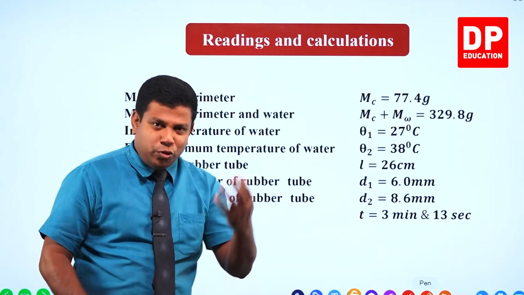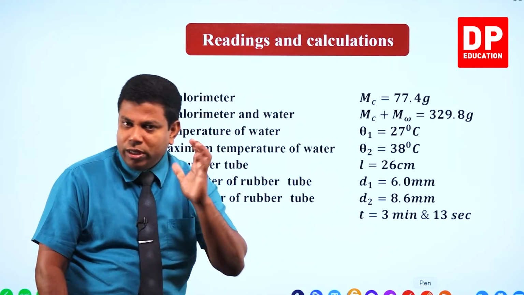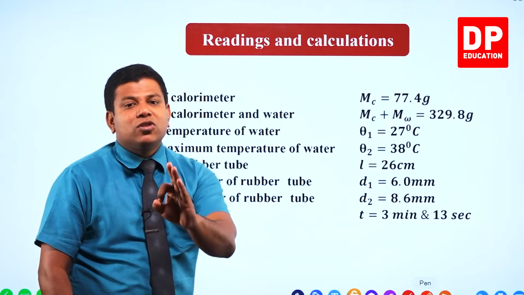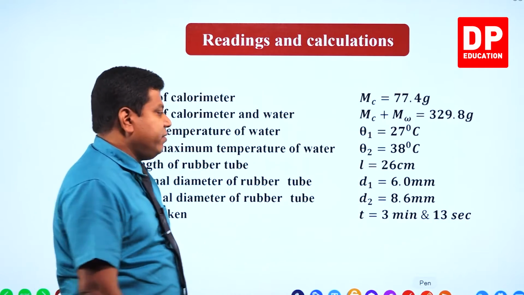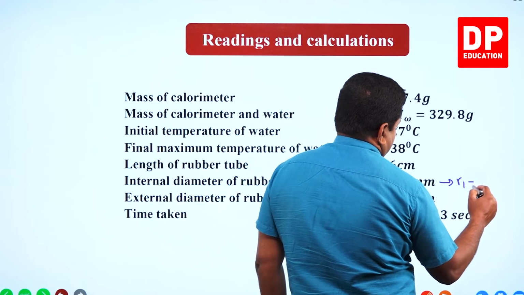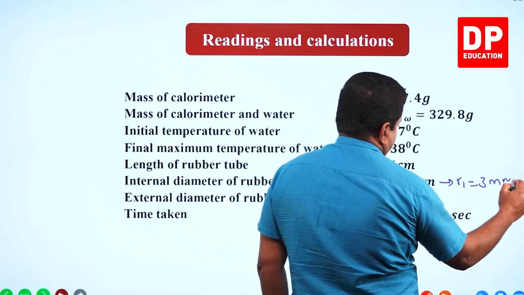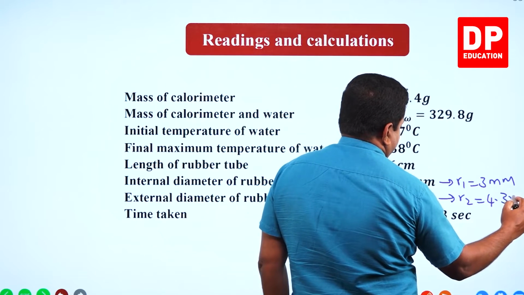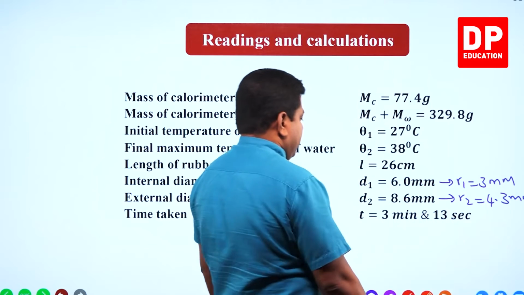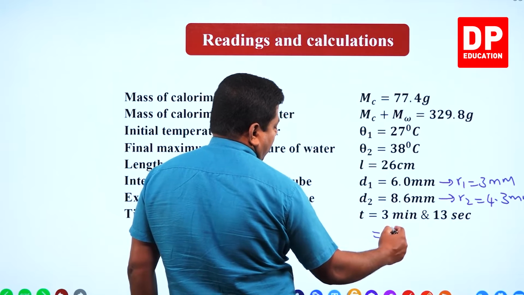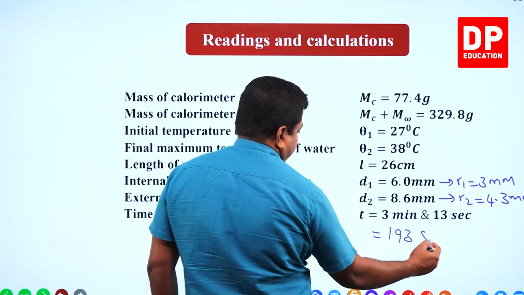The only thing you need to know is that the traveling microscope has been used to find D1, D2. From this you can get R1, 3 millimeters, R2, 4.3 millimeters. 3 minutes and 13 seconds means 3 into 60, 180, plus 13, 193 seconds.